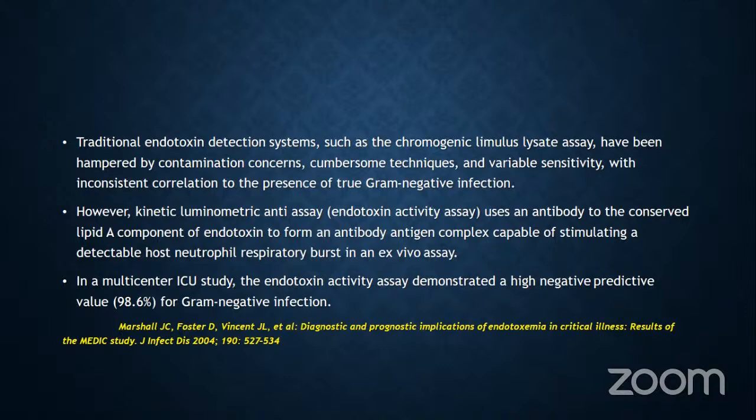However, the kinetic chemiluminescent assay, that is the endotoxin activity assay, uses an antibody to the lipid A component of endotoxin to form antibody-antigen complexes capable of stimulating a detectable host neutrophilic respiratory burst in an ex vivo assay. In a multicenter ICU study, the endotoxin activity assay demonstrated a high negative predictive value for gram-negative infections.